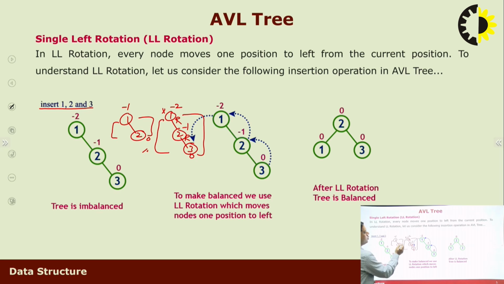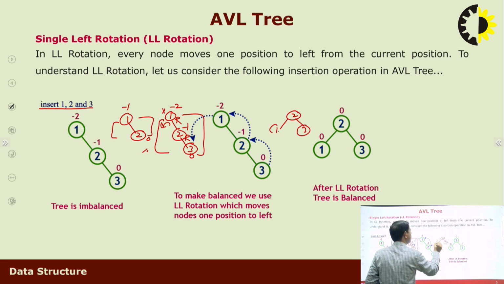We are getting 2R. In that case, we will rotate tree into the left side as you saw on the diagram. If we rotate, then definitely we are rotating like this. Then in that case, 2 will become the root and 3 will come up like this, and 1 will come this side.